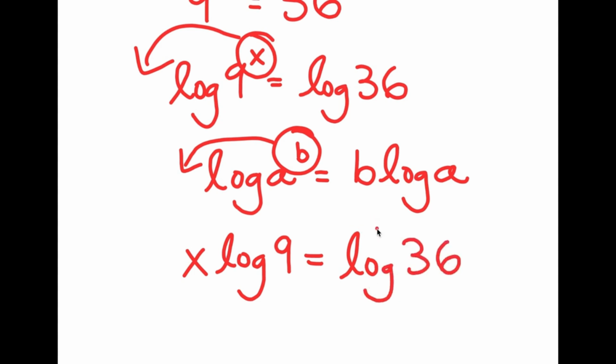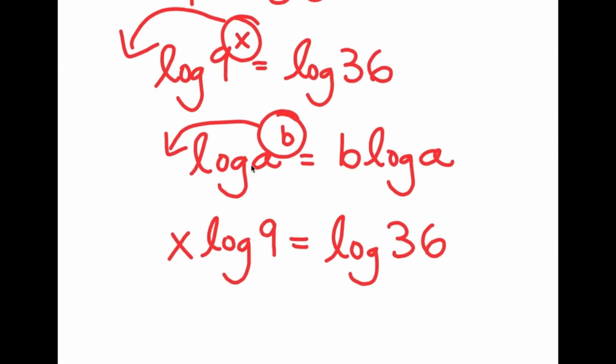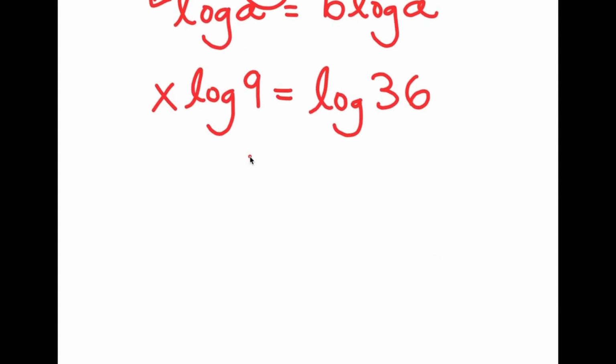And this is why logarithms are so important in exponents, because for solving exponential equations, x is an exponent, and we need to bring x down to be a normal term, and the only way we can do that is by using logarithms. Now, obviously I want to isolate x, so I'm going to divide both sides by log 9.